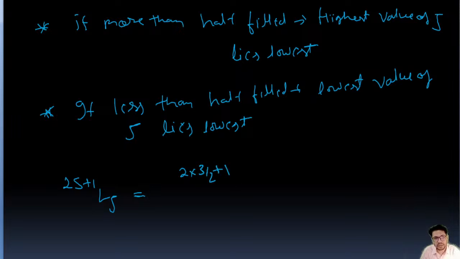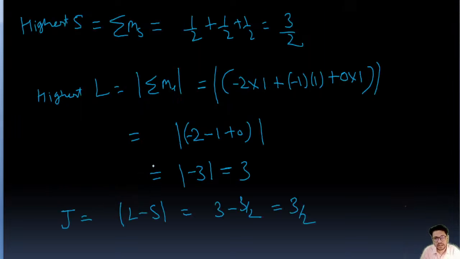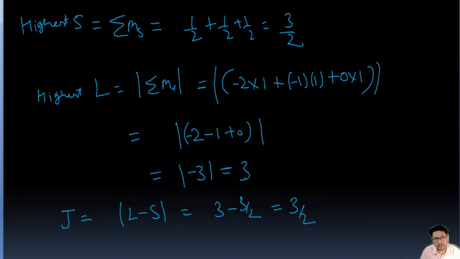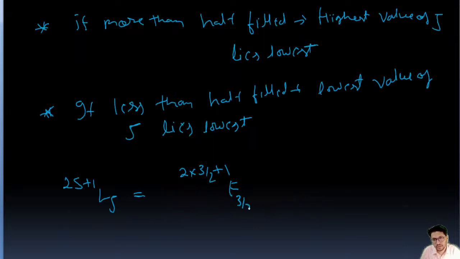The L value is given. L is 3, and 3 means F, 2 means D. So this is going to be F, and the value of J is 3 by 2. The 2 will get cancelled. So 4F 3 by 2. This is the spectral term.